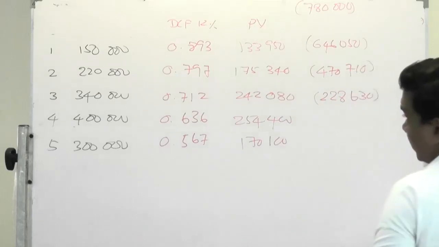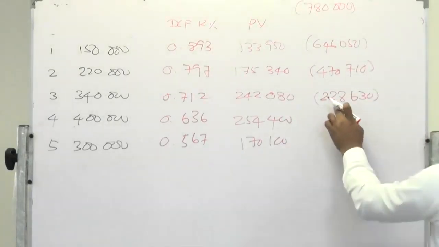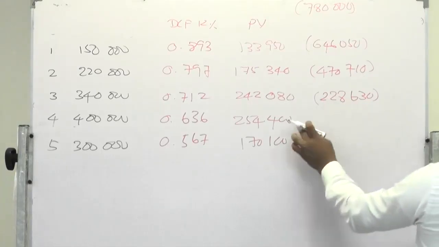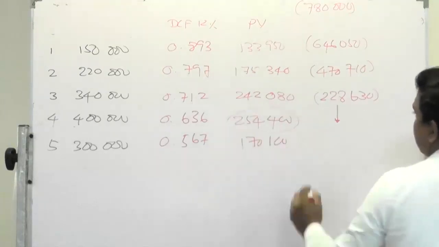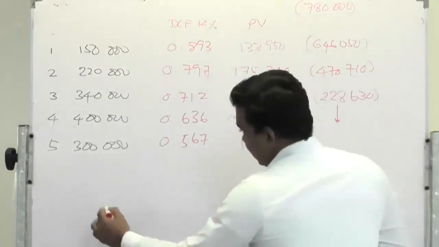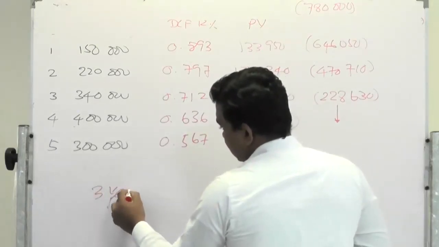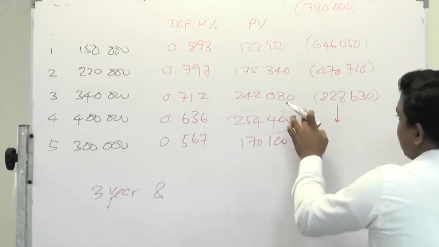254,400, but you need to recover only 228,630. Definitely no need to spend the entire year because you can recover in the fourth year more than what is to be recovered. Therefore we can set 3 years and a number of months.